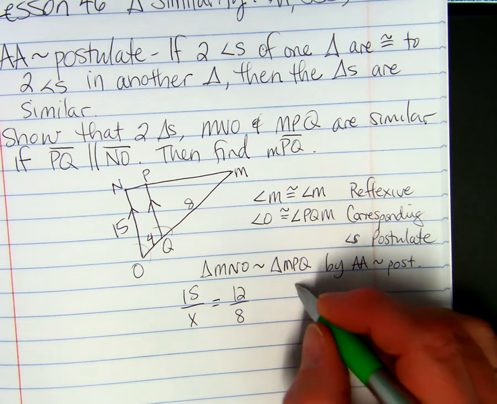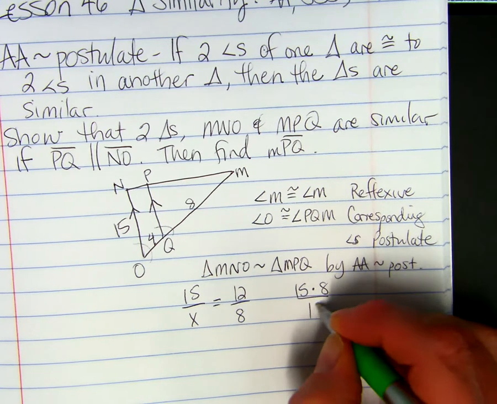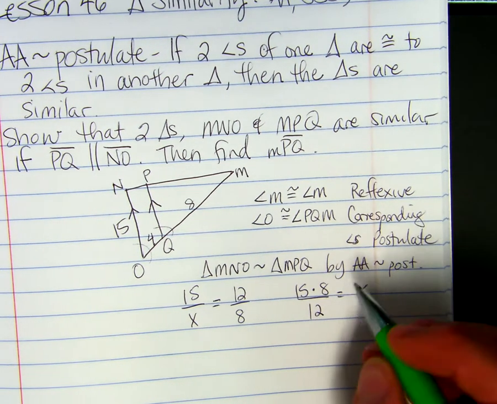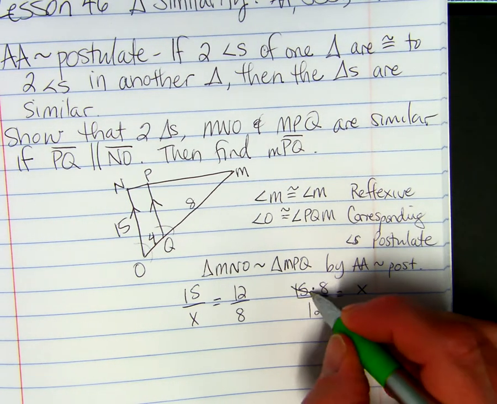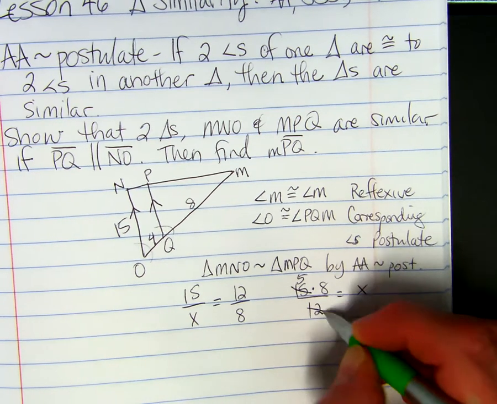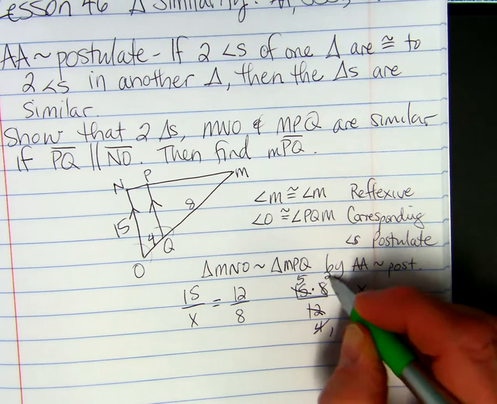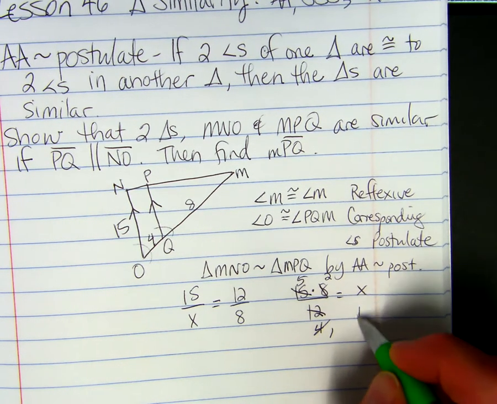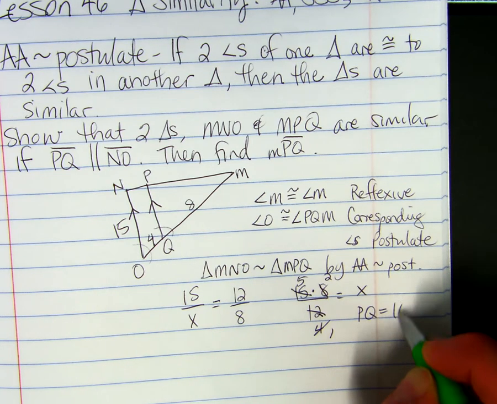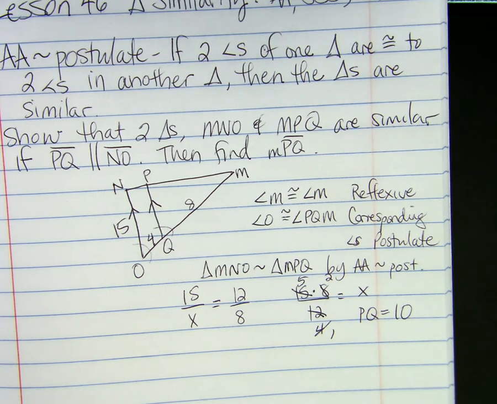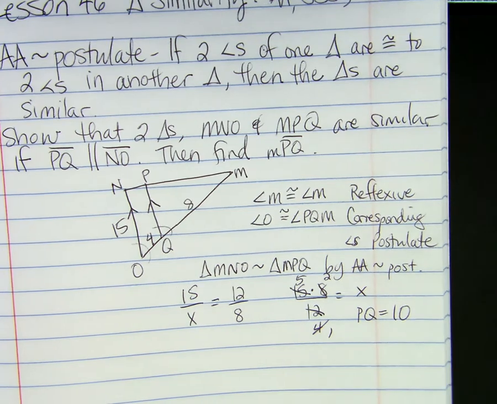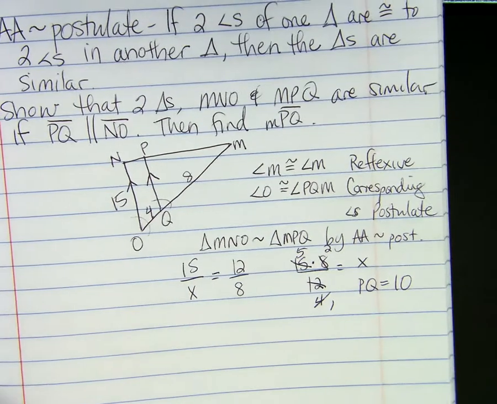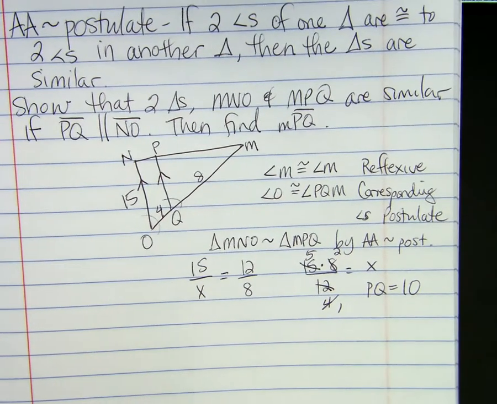So we could do 15 times 8 divided by 12 and then reduce. 3 goes into 15 5 times, into 12 4 times. 4 goes into 8 twice. So X is 10. So PQ equals 10 units. Okay, that's the AA similarity postulate.